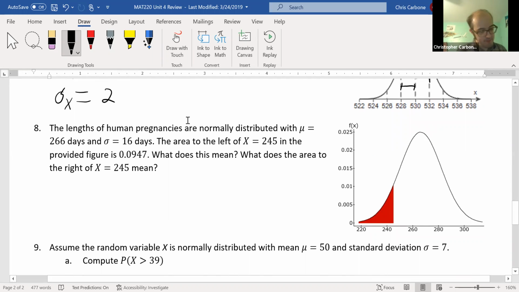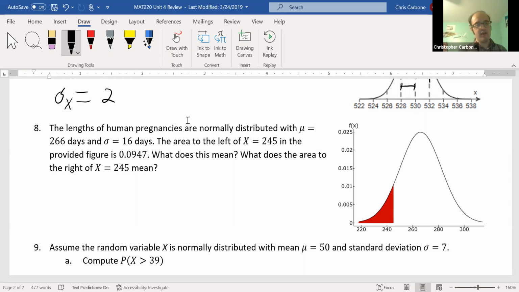Question number 8. The lengths of human pregnancies are normally distributed with a mean of 266 days and standard deviation of 16 days. The area to the left of x equals 245 in the right figure is 0.0947. What does this mean?